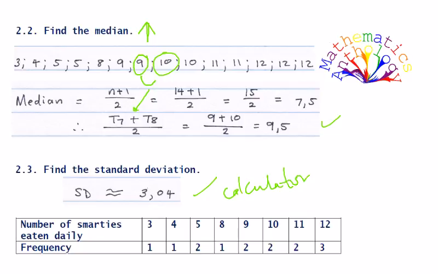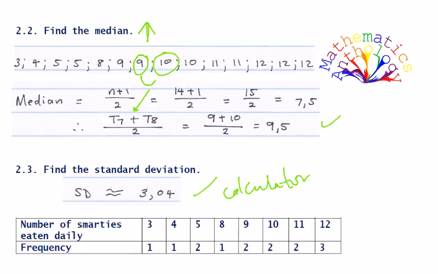2.3, find the standard deviation here. Now the standard deviation, you need to use a calculator to do this. So first we go to mode, and we go to option 3, stat. Then we go to number 1, variance. Now you enter all your data values in here.